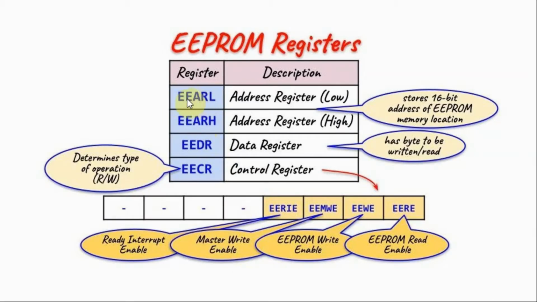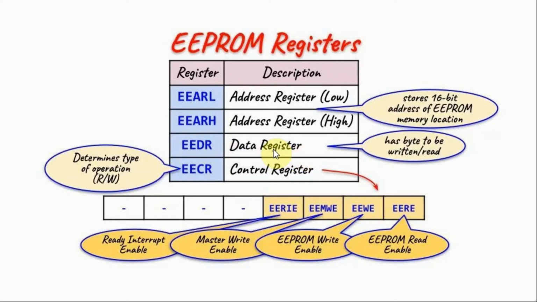We have the EEPROM address register low and address register high. These 2 registers are used to store the 16-bit memory address of the EEPROM memory location. We also have the EEPROM data register, which acts as a buffer between the CPU and the EEPROM.